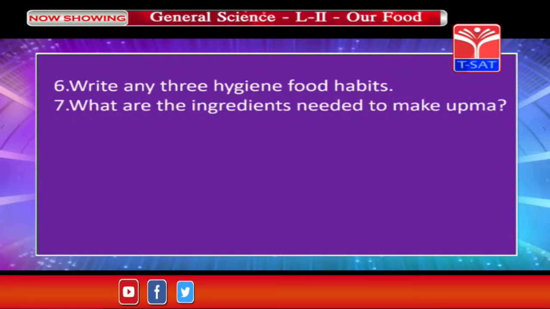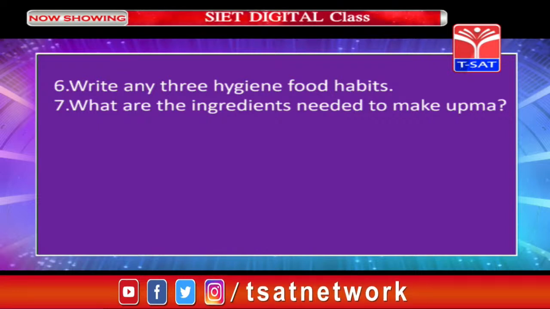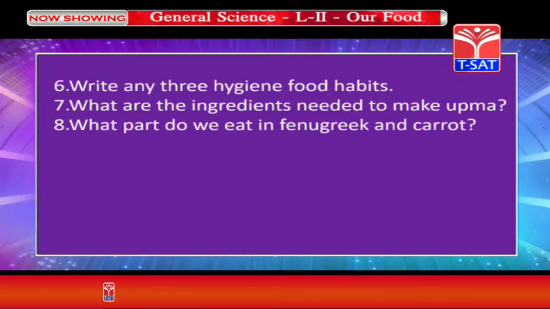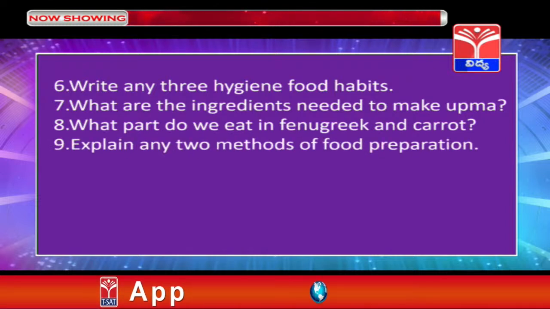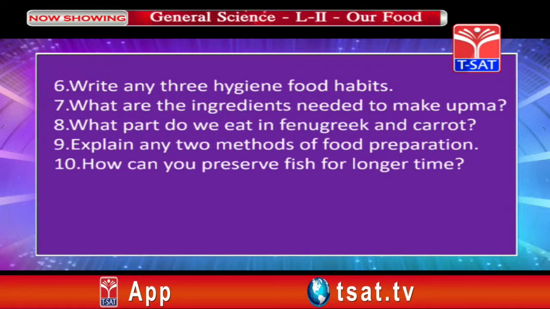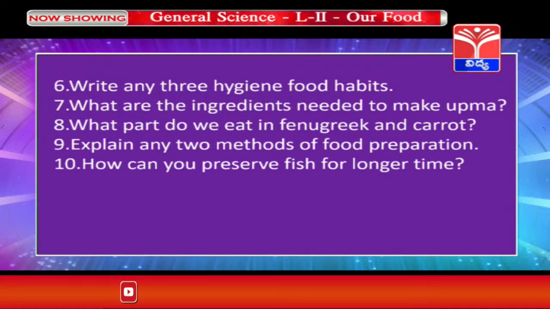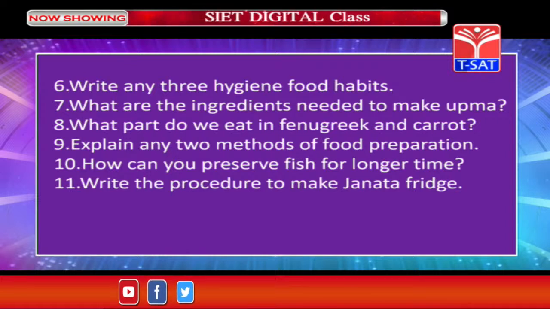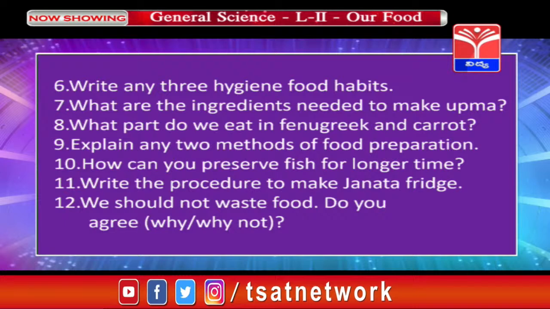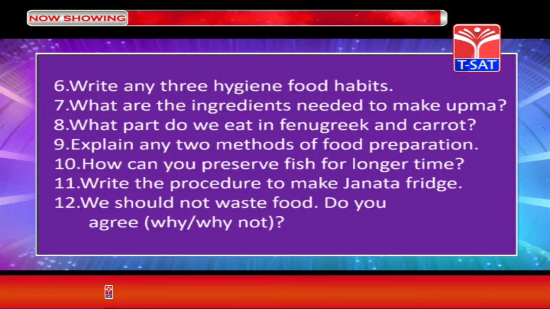What are the ingredients needed to make upma? What part do we eat in fenugreek and carrot? Explain any 2 methods of food preparation. How can we preserve fish for a longer time? Write the procedure to make Janata fridge. We should not waste food. Do you agree? Why or why not?